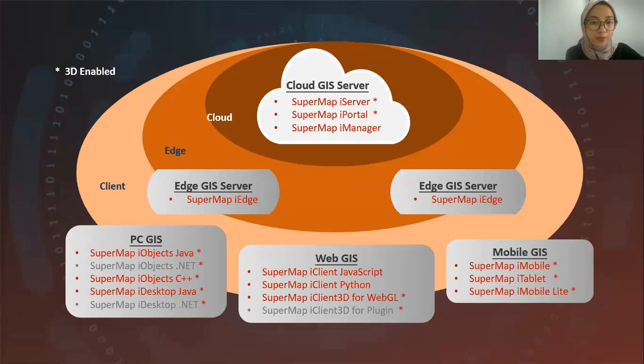We have JavaScript API, Python, and iClient 3D for WebGL. And on mobile, we have iMobile, iTablet, and iMobile Lite. So what is the difference between iMobile and iTablet? iTablet is a ready-to-use application, so there is no need for you to do any development to use it. But iMobile is served in the form of an SDK or software development kit. So you need to do further development first before you use the application.